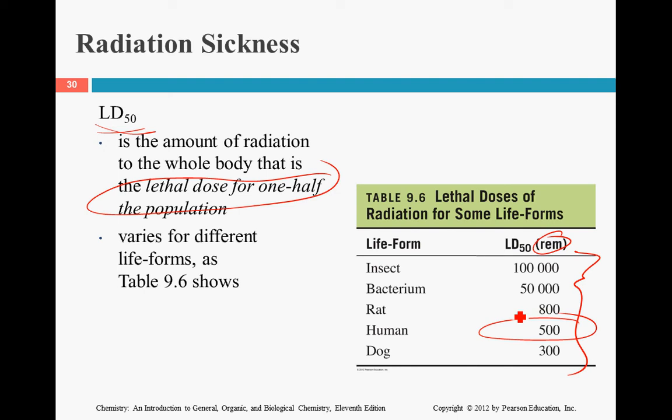Around 300 rem, where the dog is, is where you start losing your hair and stuff like that. So maybe that's the maximum amount they use for radiation therapy for cancer, because I know a lot of people who have cancer end up losing their hair when they go through radiation therapy. And that is how we measure radiation.